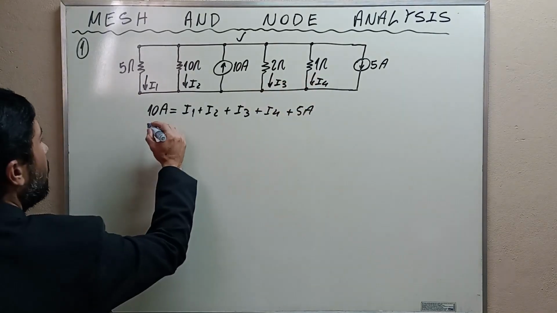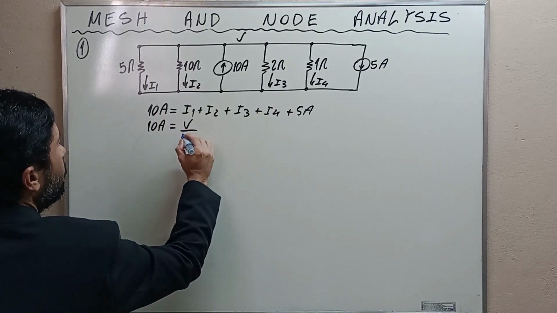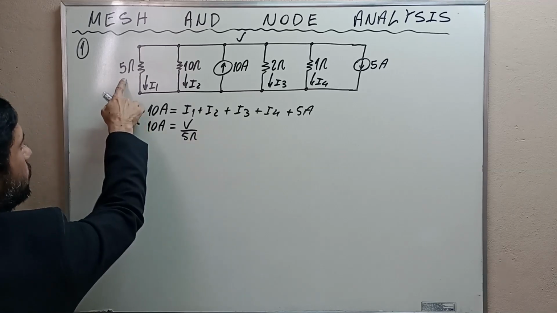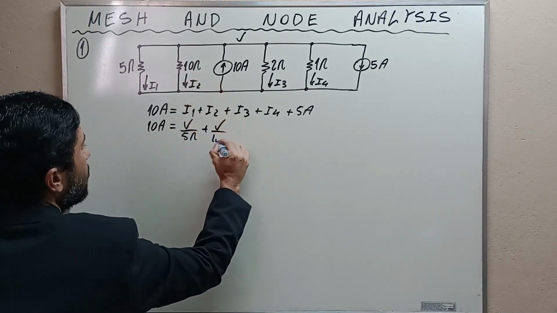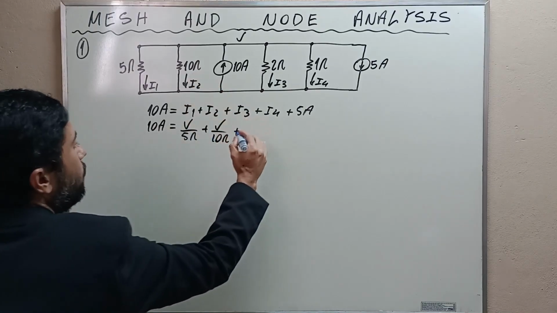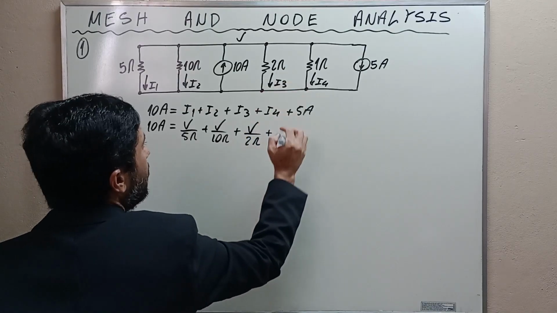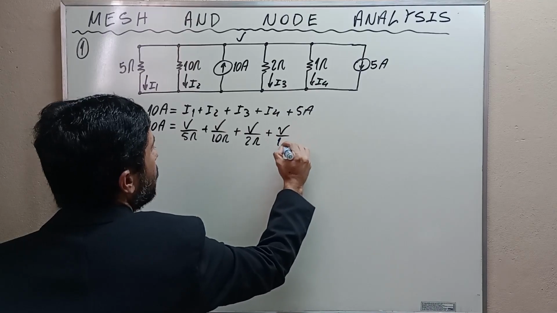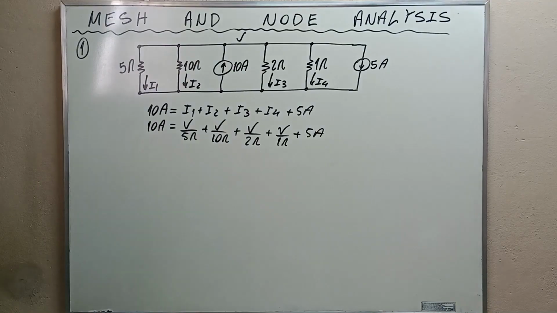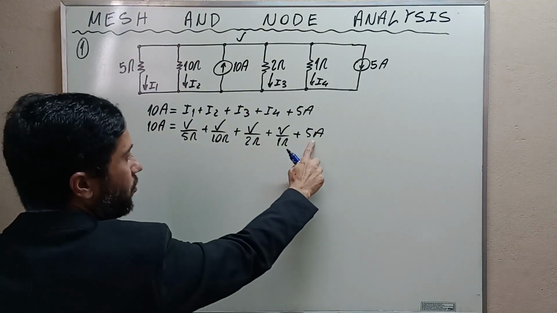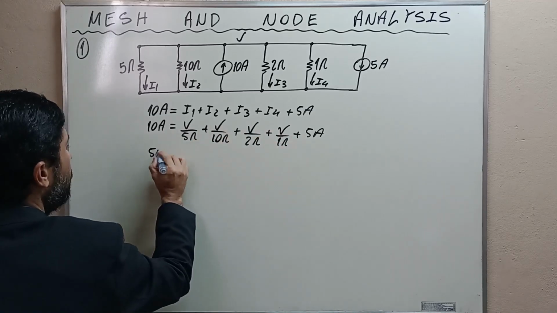In this way, 10 amps is equal to V over 5 ohms plus V over 10 ohms plus V divided by 2 ohms plus V divided by 1 ohms plus 5 amps, okay? I am going to pass this 5 amps to this side. 10 minus 5 is 5 amps.